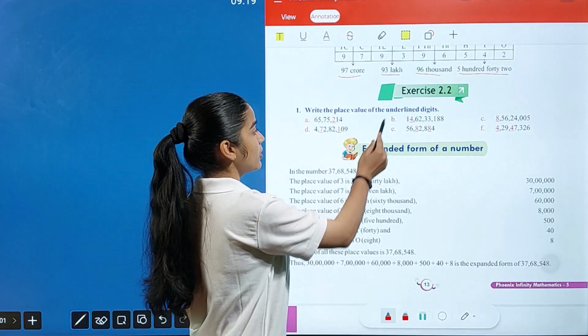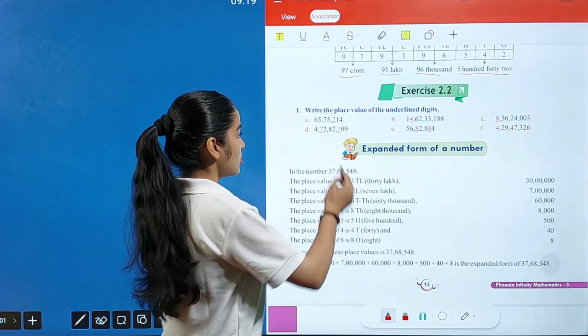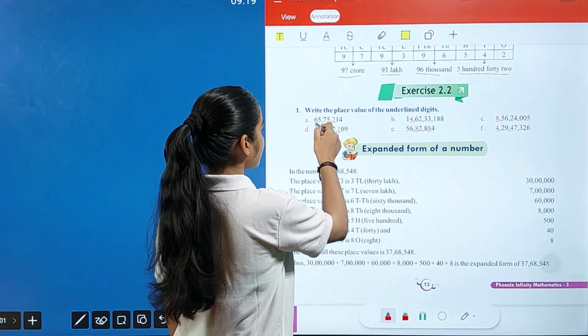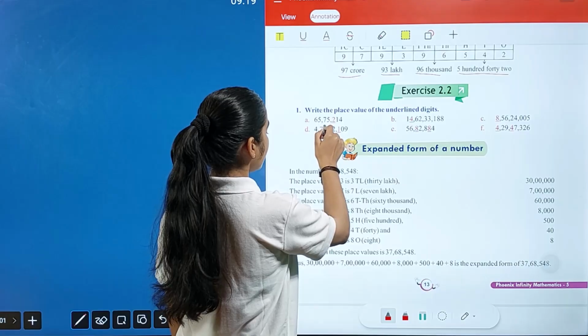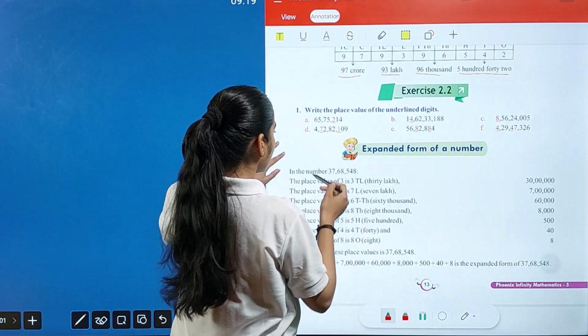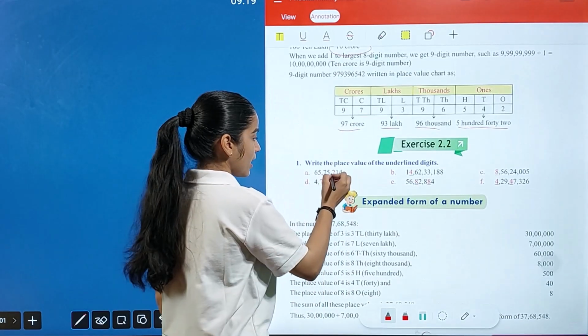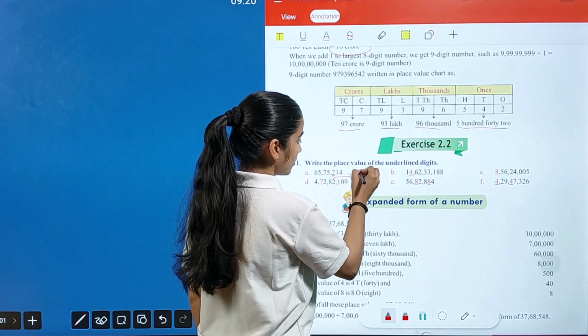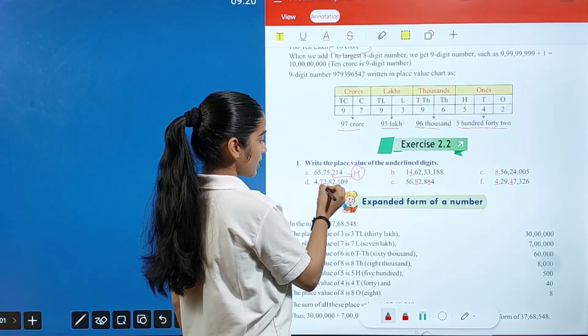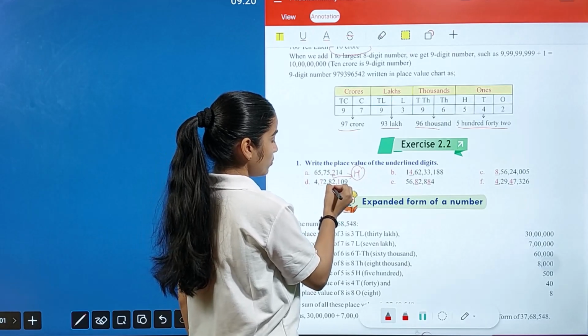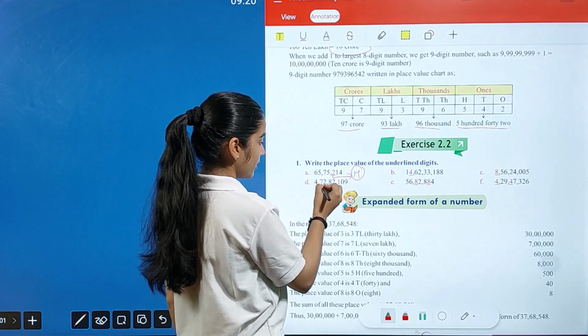Now we shift to our exercise 2.2. Write the place value of the underlined digit. So 65 lakh 75,214. So in this case, we have two place values. Now 4 crore 72 lakh 82,109.